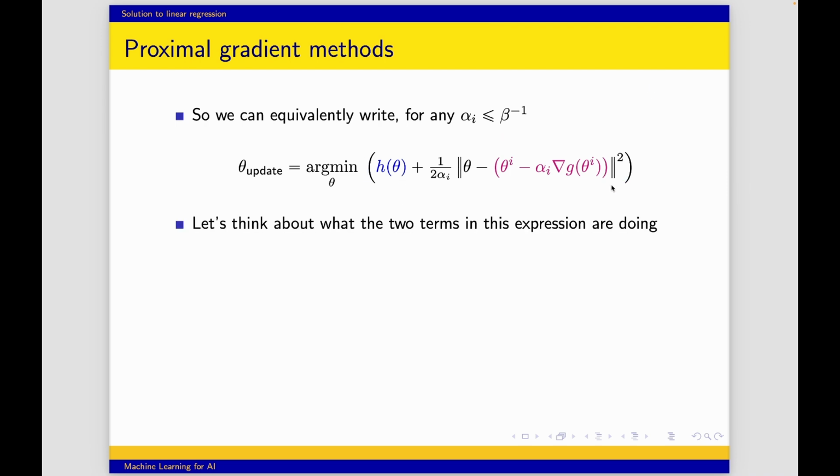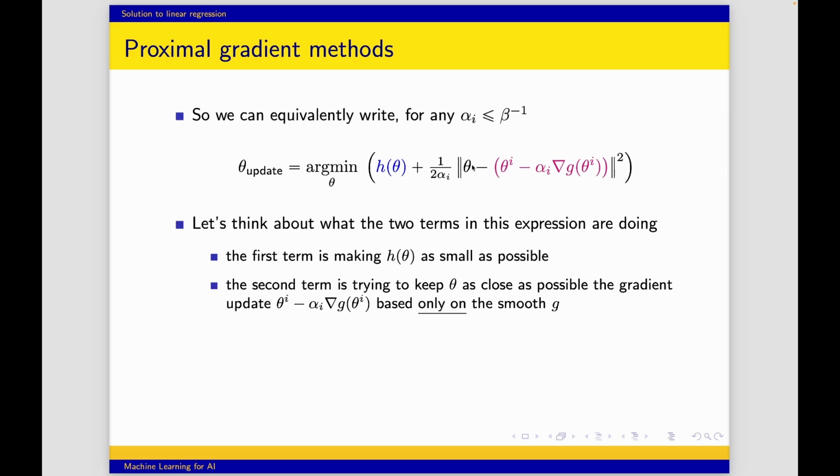Right. Now let's think about what these two terms are doing. We want to minimize this plus this, so we want to make them both small. The first term here, what are we trying to do? We're trying to make this as small as possible. And here, we're trying to make this as small as possible, which means keeping theta, our update, as close as possible to the gradient descent update based only on the function g.